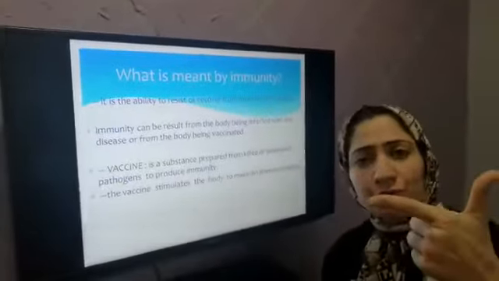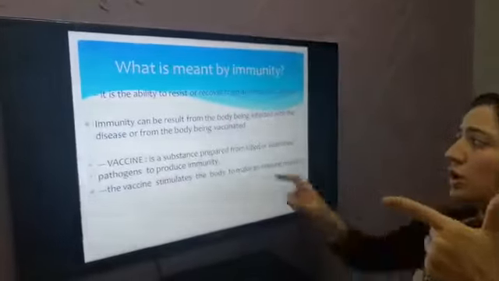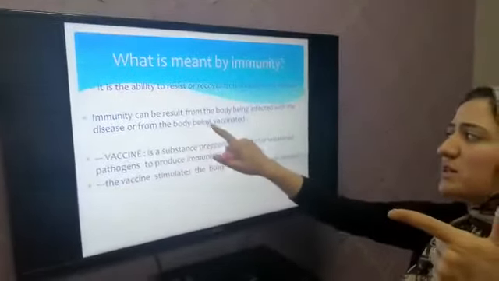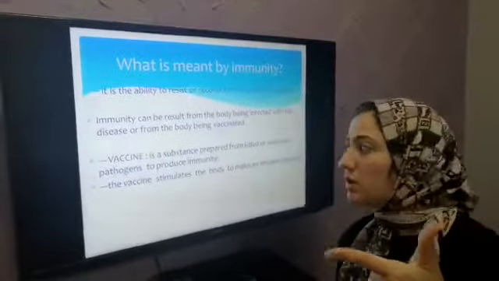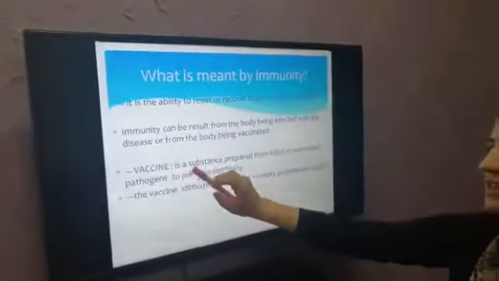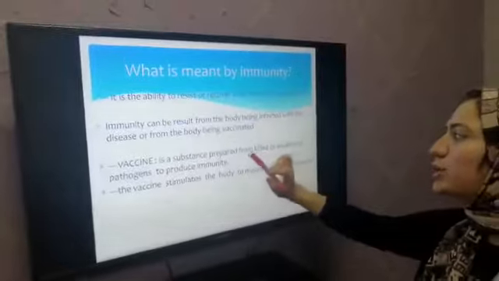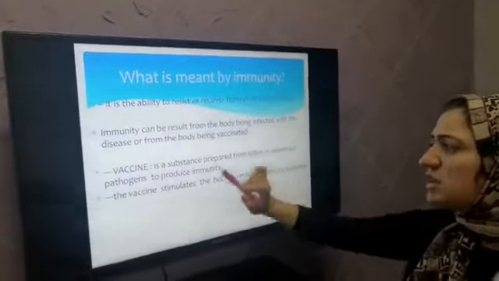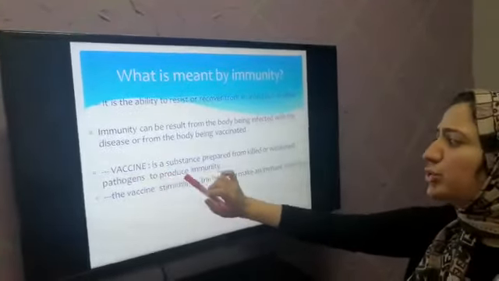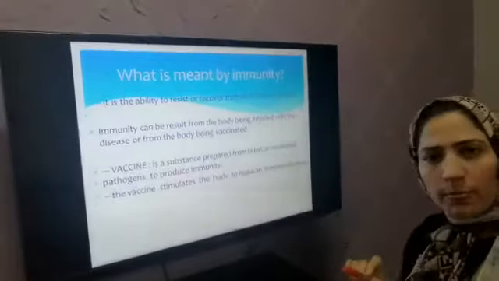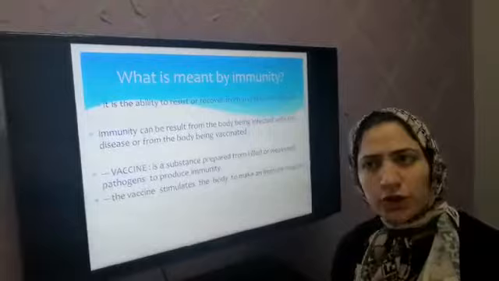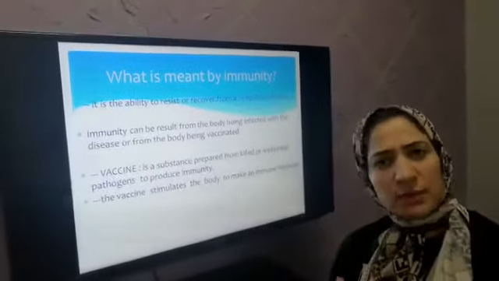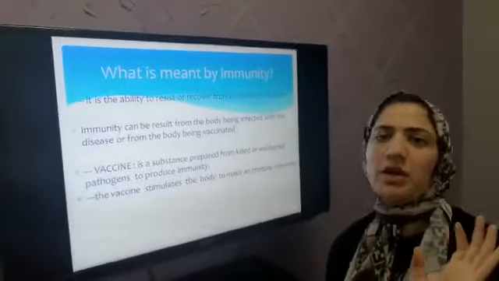And number two, immunity comes from the body being vaccinated, from the vaccine. So what's meant by vaccine? It is a substance prepared from killed pathogens to produce immunity. A vaccine is a substance we can take to introduce antibodies into our body directly.